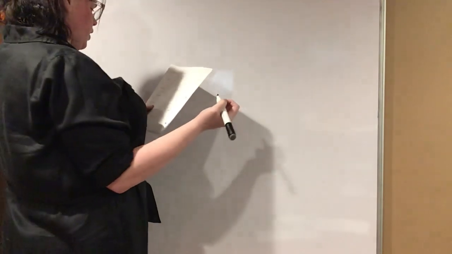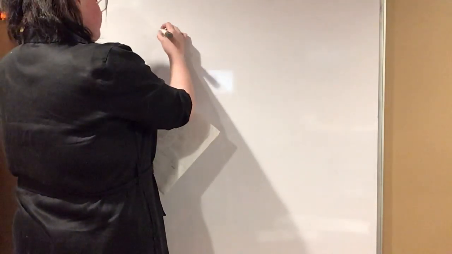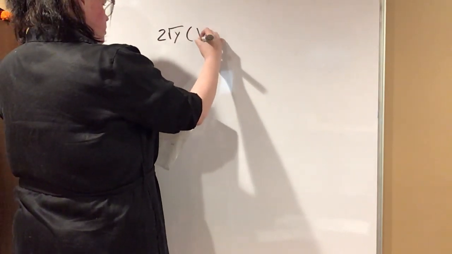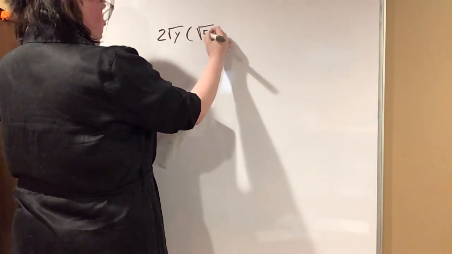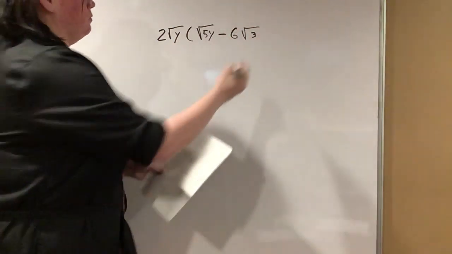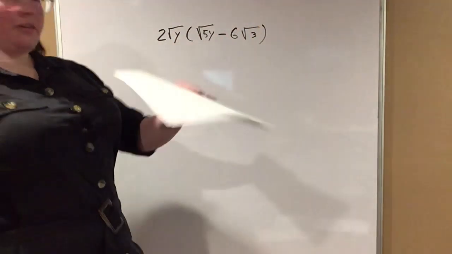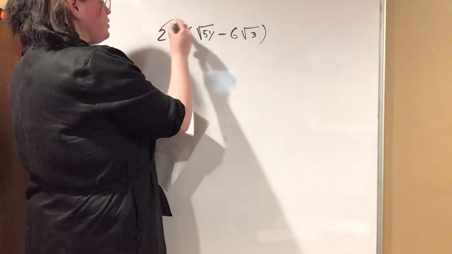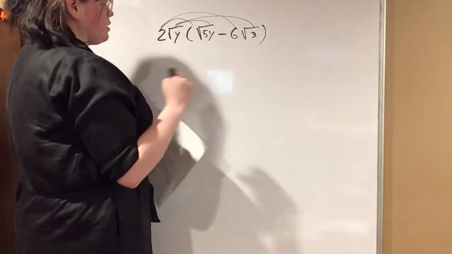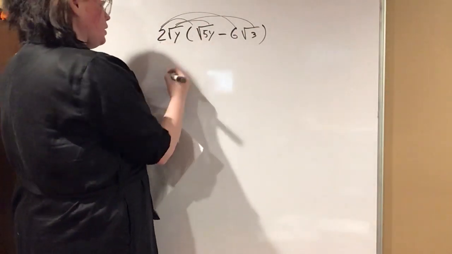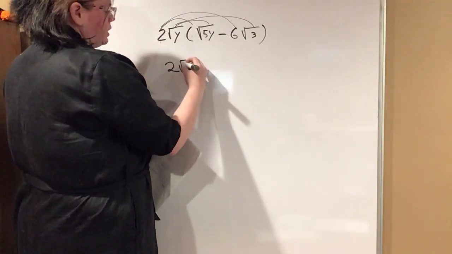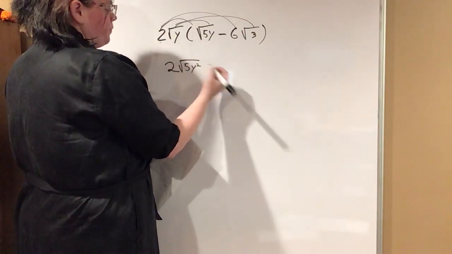So let's move on to something where we have 2 square roots of y times square root of 5y minus 6 square roots of 3. Close my parentheses, sorry. So we take the 2 to where the coefficients are and take the y to where the radicals are. So 2 times 1 is 2. y times 5y is 5y squared.